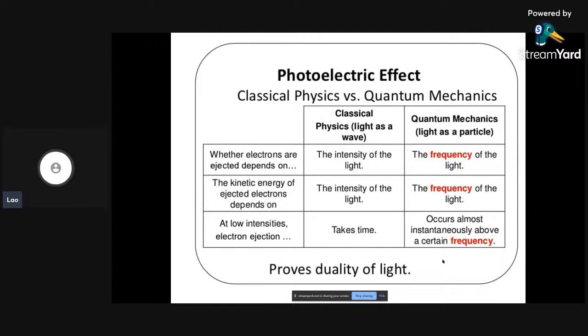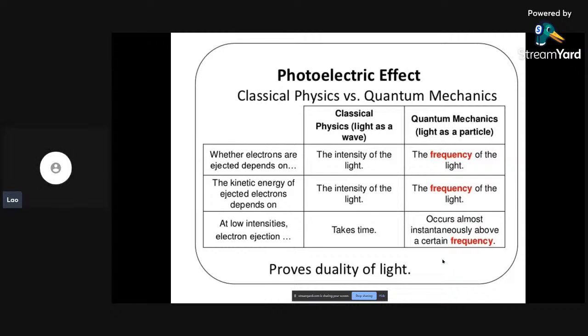Pero pag quantum, frequency. Second one, the kinetic energy of ejected electrons depends on intensity pa rin ng light when it comes to classical physics. Well, in quantum mechanics, it depends, again, from the first one, on frequency pa din.